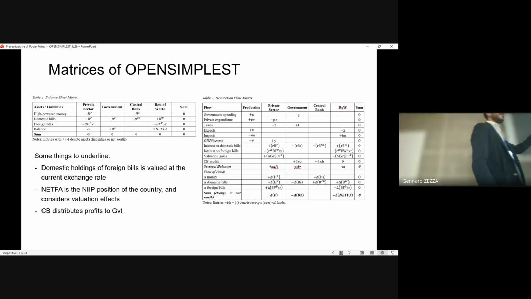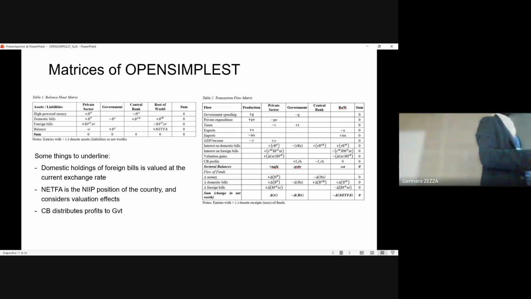So these are the matrices. We don't need to go into detail, but there are some things that need underlining. The first one is that if you look at the foreign bills line, you see that the foreign bills are valued at the current exchange rate. This implies in the asset function that the private sector decides a share of their wealth in domestic currency to be invested into foreign bills.